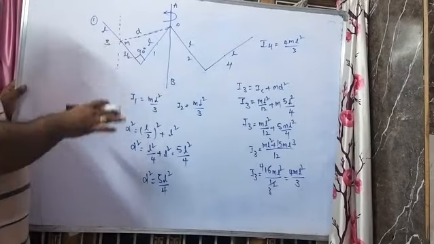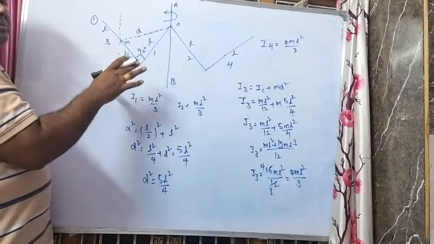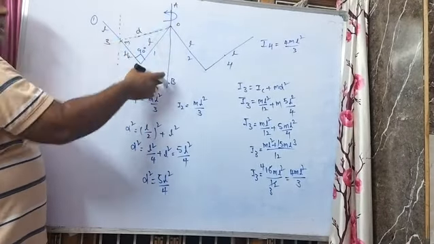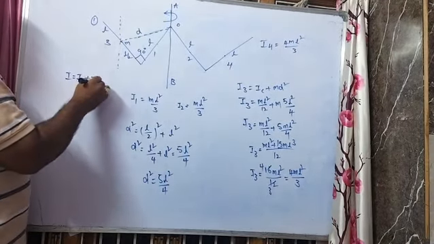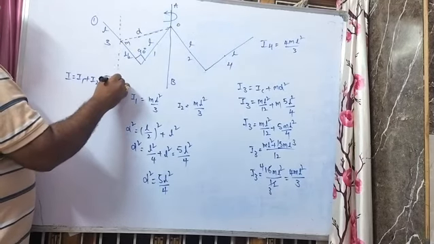Now the total moment of inertia of this arrangement with respect to the AB axis is I equal to I1 plus I2 plus I3 plus I4.